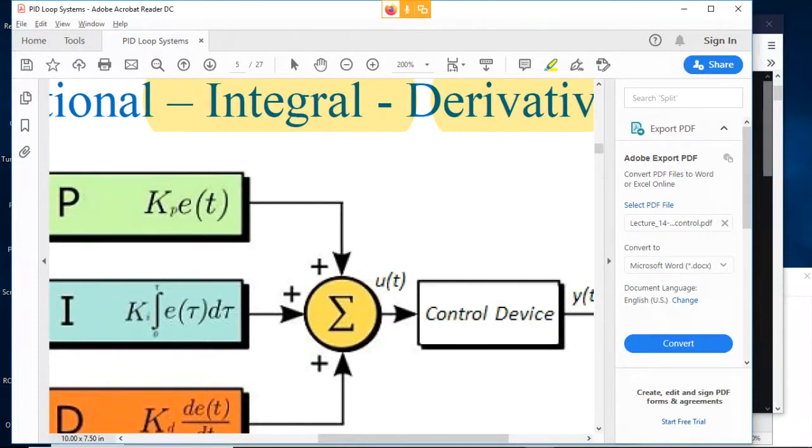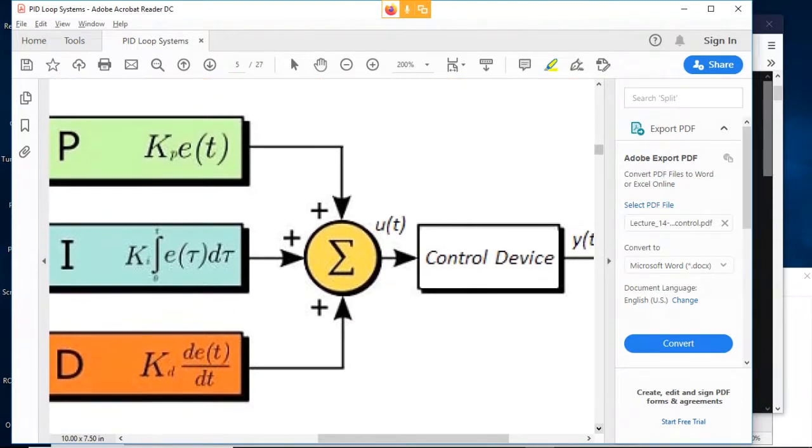These K's here are gain factors that we get to choose. And then we have a gain for the derivative piece. We get to pick these gains, and that's referred to as tuning. Choosing what value of gain you use for each of these is referred to as tuning the controller.